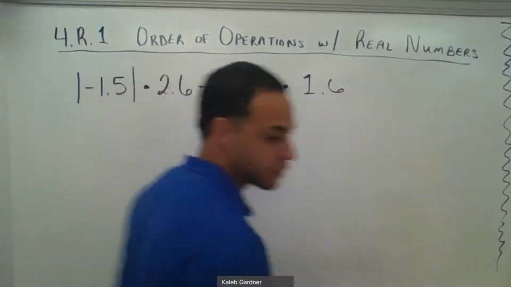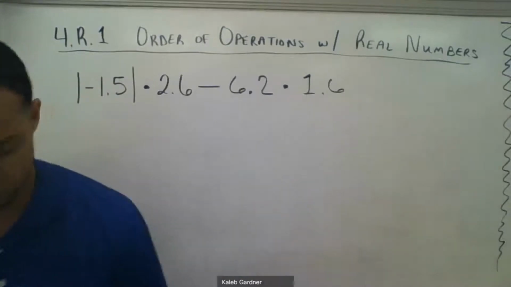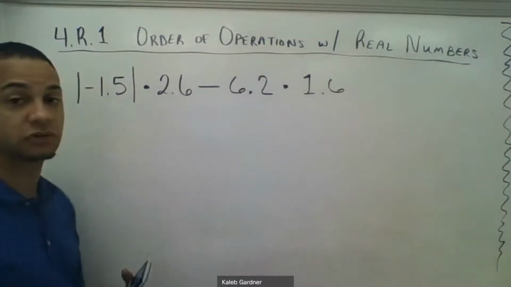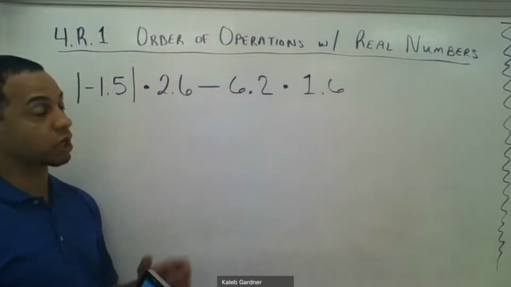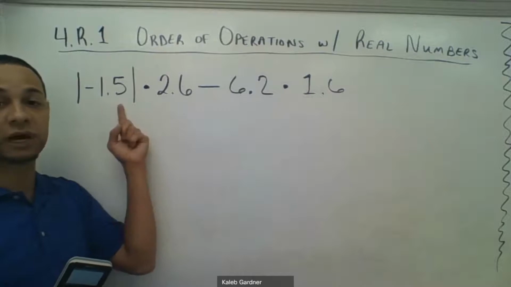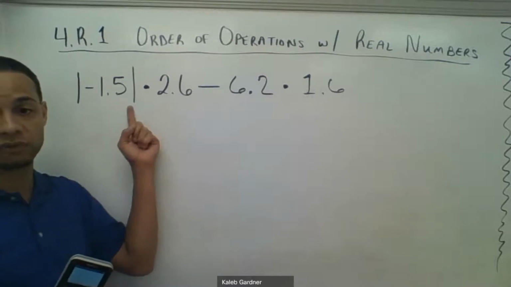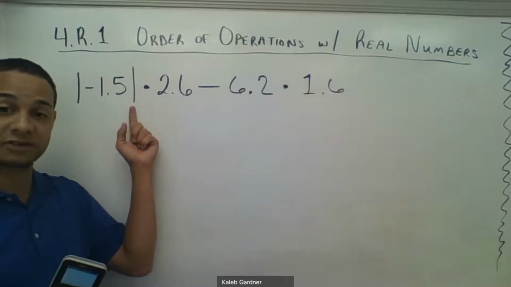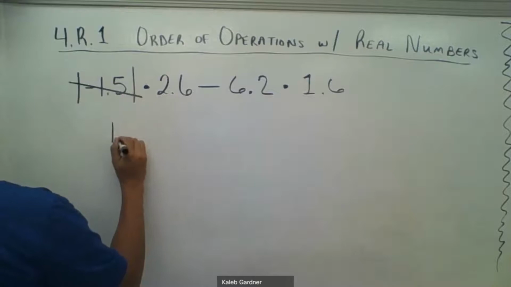All right, I am going to need my calculator. So here we go. First things first, let's make some adjustments. We're going to treat this sort of like parentheses. Absolute value needs to be calculated first. So the absolute value of negative 1.5, remember, is always the positive version of that same number. So this becomes 1.5.